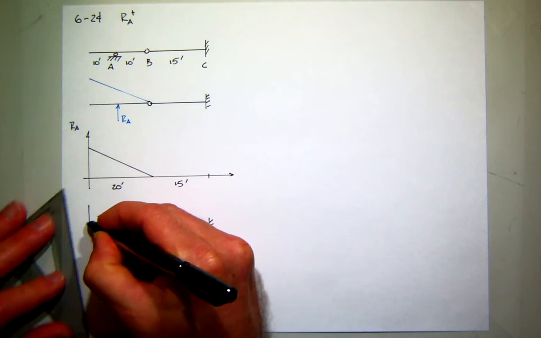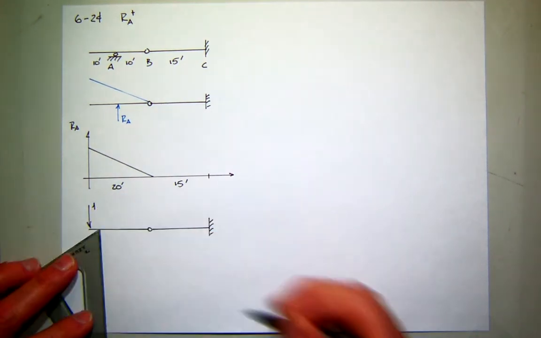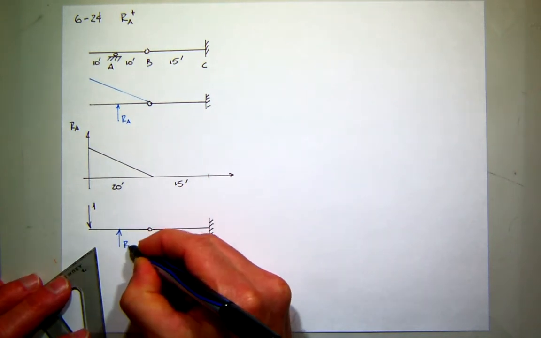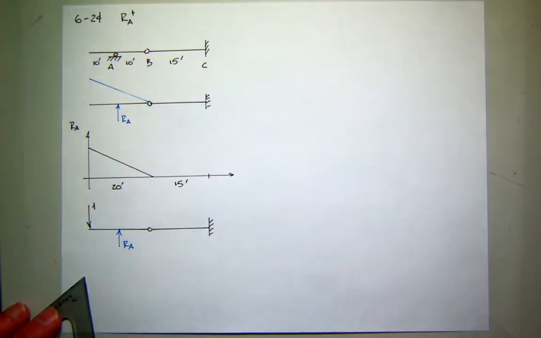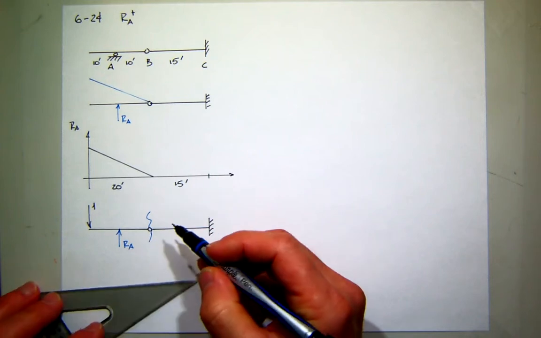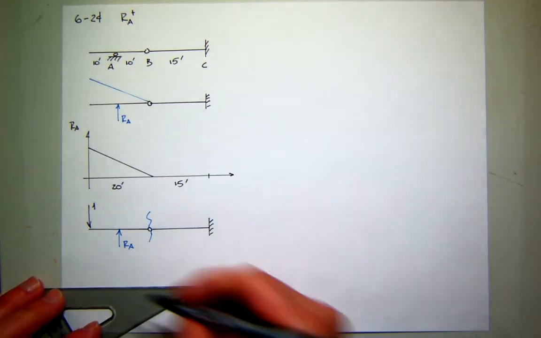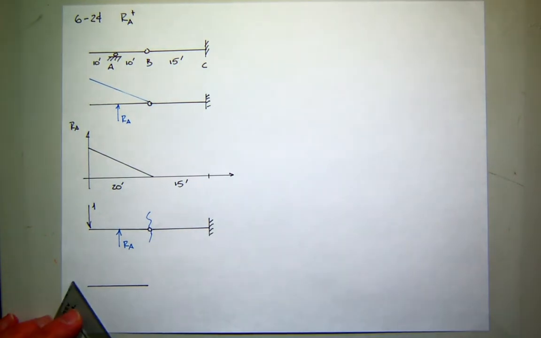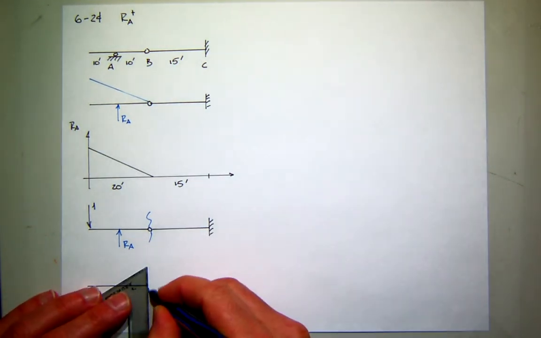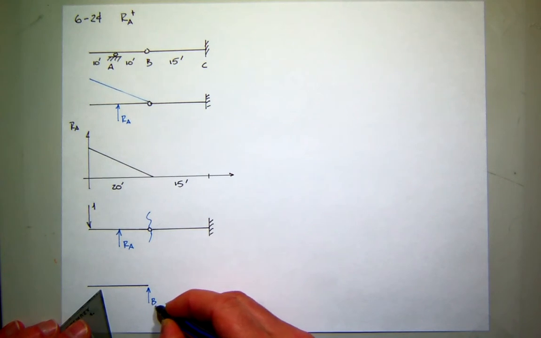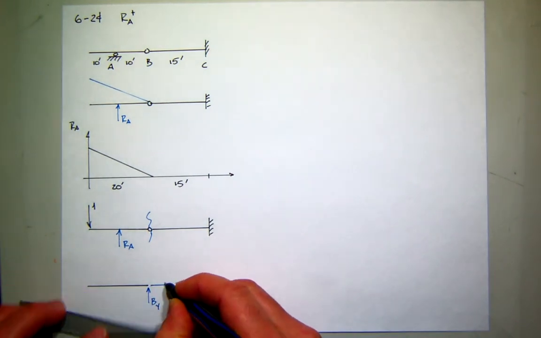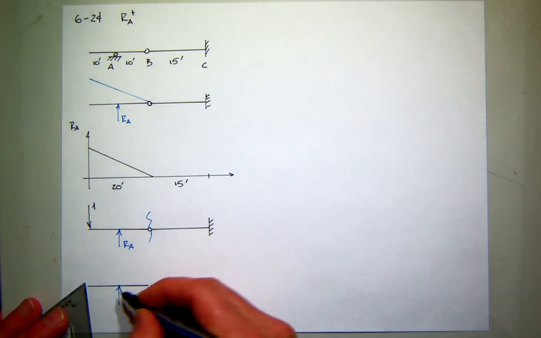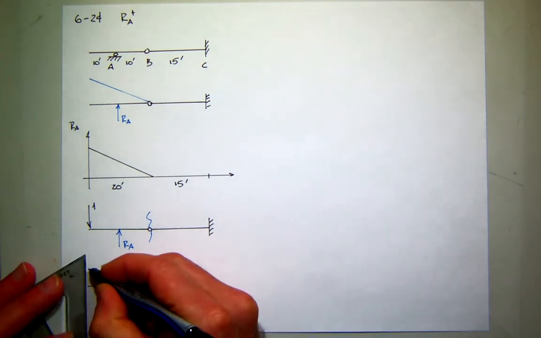That looks like this. There's my unit load. And I'm trying to find the reaction at A. So I can just cut the beam here. You with me so far? Now, at this hinge, I would generate two unknowns, By and Bx. But we're really not concerned with those right now. We're only concerned with the reaction at A. And my unit load is here.